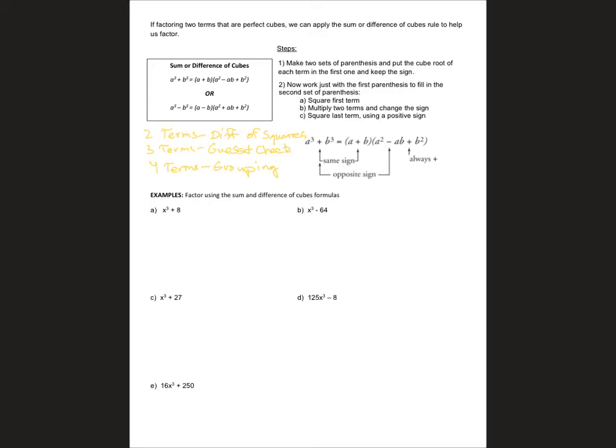There are a couple things, though, that I would make sure that I did know, okay? On my paper, anytime I've recognized that two terms are indeed perfect cubes, what I would do next is write down these expressions. I would write down A, B, and then A squared, AB, and B squared, okay?